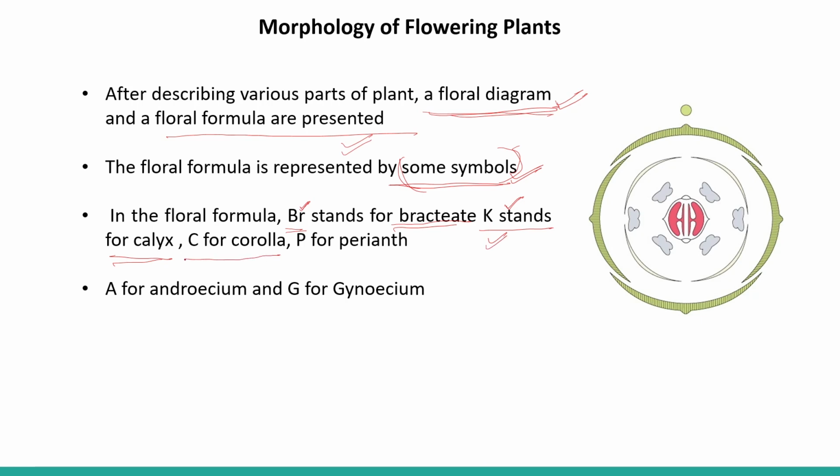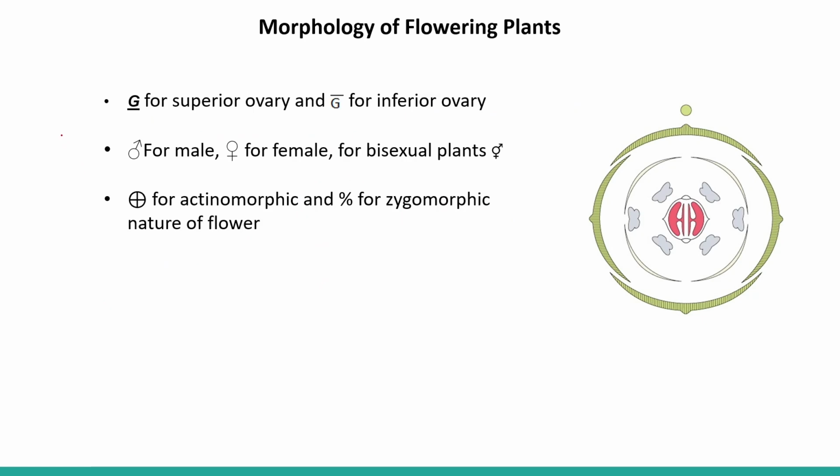C is for corolla. The number of corolla members is also represented, and if the flower has a perianth, it is represented by P. The male reproductive organ, androecium, is represented by A, and the female reproductive organ, gynoecium, is represented by G. Now, G can be in two forms.